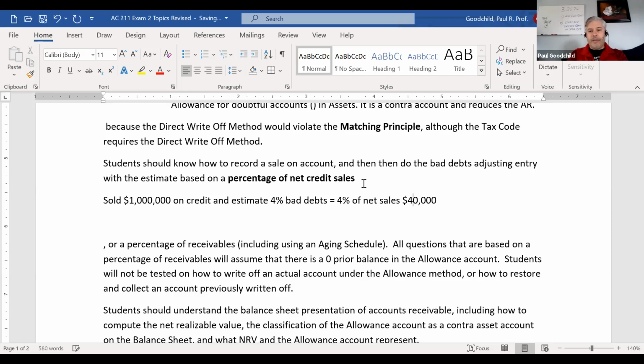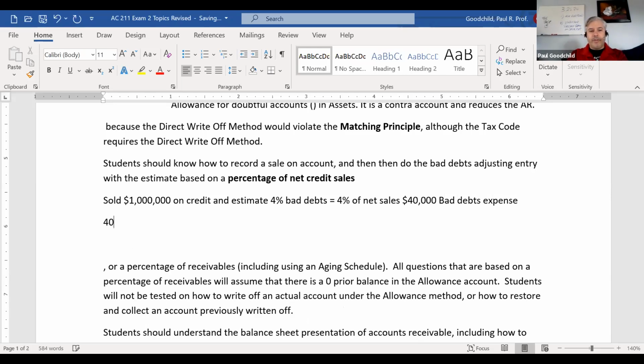Check my math on that. 40,000 would be a bad debts expense. And 40,000 an allowance for doubtful accounts.